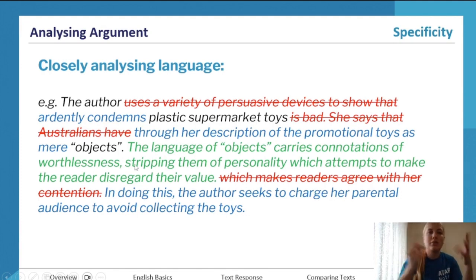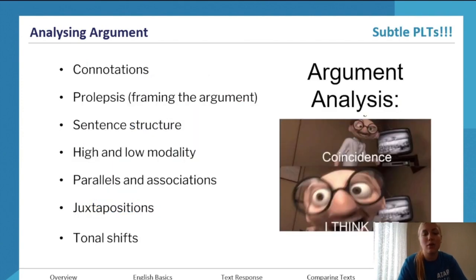It's going to make them think that the toys are worthless. In doing this, the author seeks to change her parental audience to avoid collecting the toys. And that's our analysis of the why. Really nice and simple here, though, because it's just some plain evidence. Hopefully, you can write something more complex working with an actual article. So look for subtle PLTs.